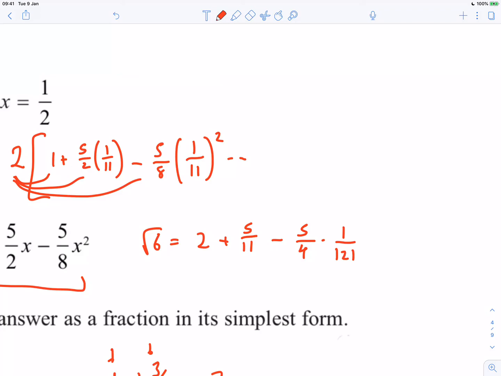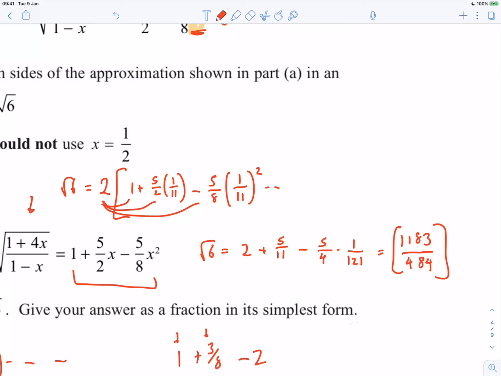Right, so I'm just going to cheat and bung this into a calculator instead of doing it the long way. 5 over 4 times 121. So this apparently is 1183 over 484 as a simplified fraction.